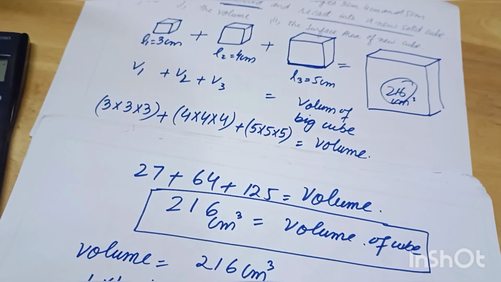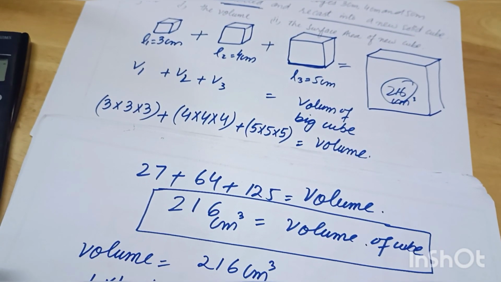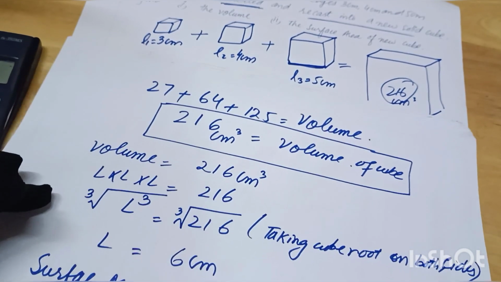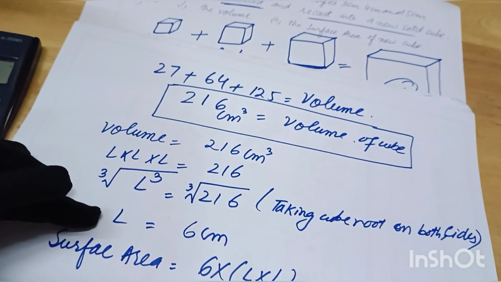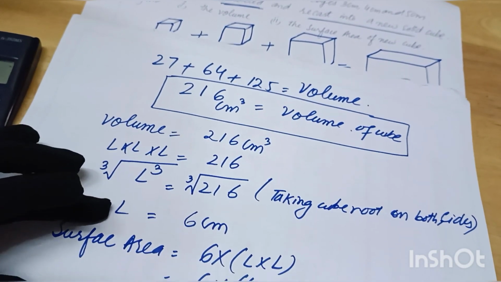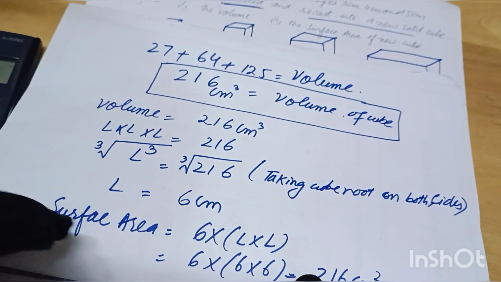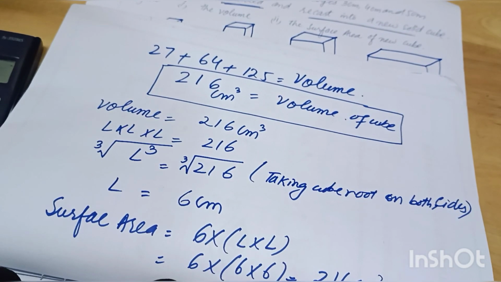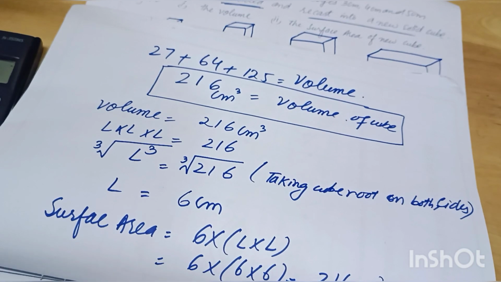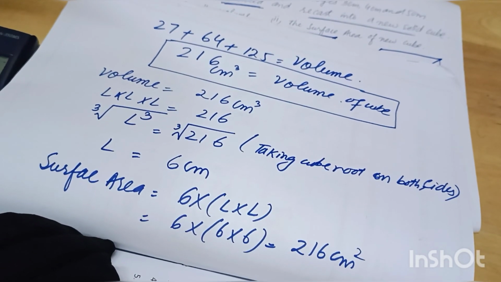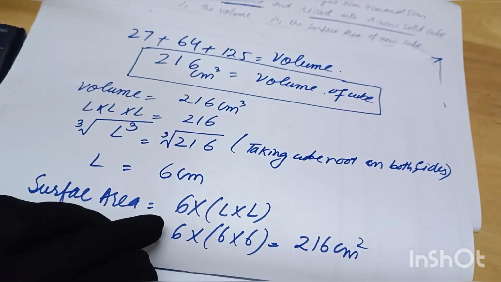Now finding the surface area. From the volume we can find the length of this big cube, and after finding the length we will find the surface area. Because a cube has all sides the same, there are 6 faces.